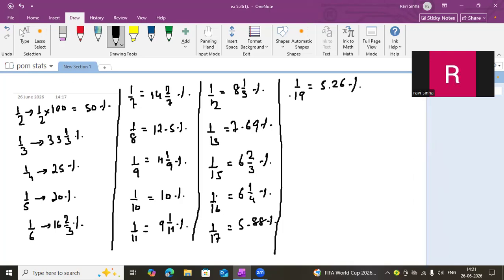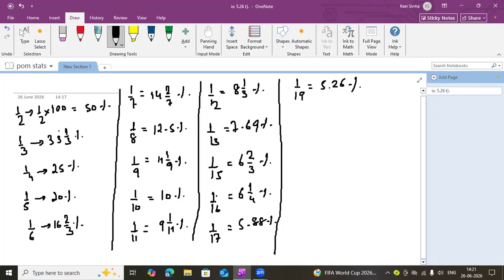We'll see later how calculations become very easy by memorizing these percentage values.